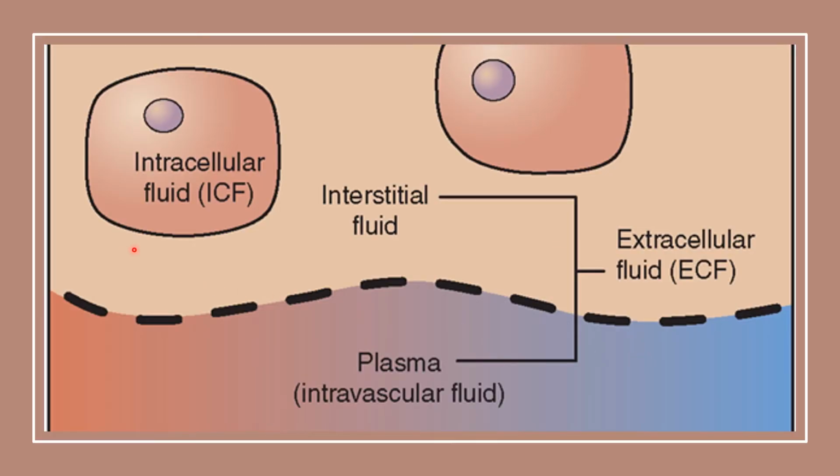And here is another image of intracellular, interstitial, and extracellular. Okay, so intracellular means inside the cell, while extracellular means outside the cell. So outside the cell, you'll find the interstitial fluid compartment and also the plasma.